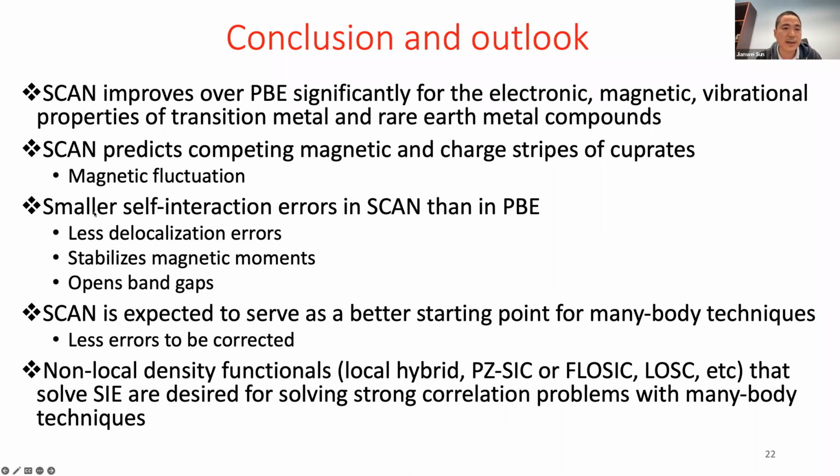And we show that SCAN has smaller self-interaction errors than PBE, implying less delocalization error and stabilizing magnetic moments and opening band gaps. So I expect that SCAN can serve as a better starting point for many-body techniques because it has fewer errors to be corrected. This is just some kind of hope that I have now.